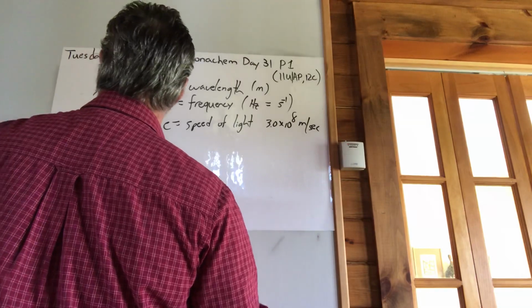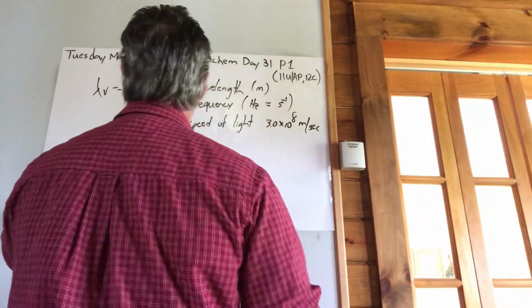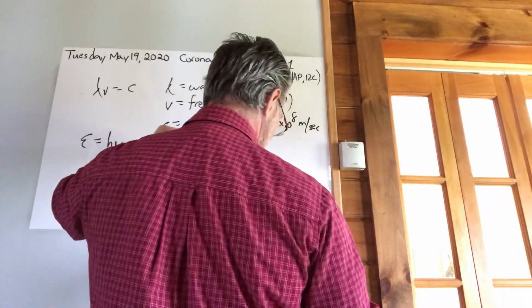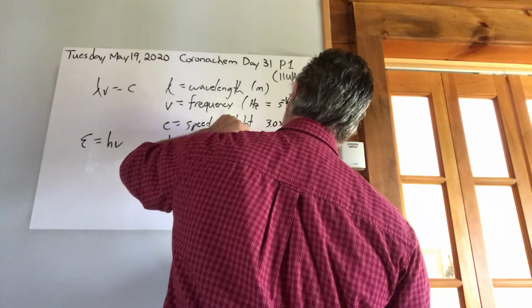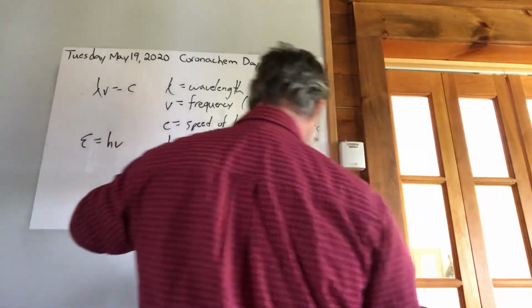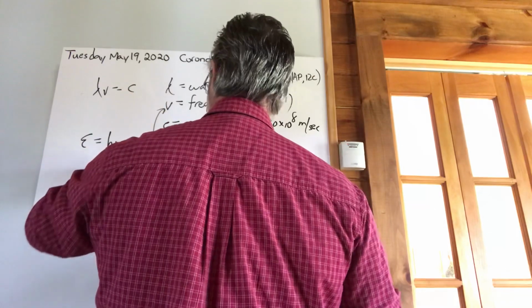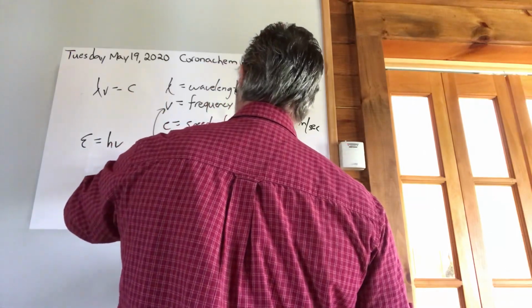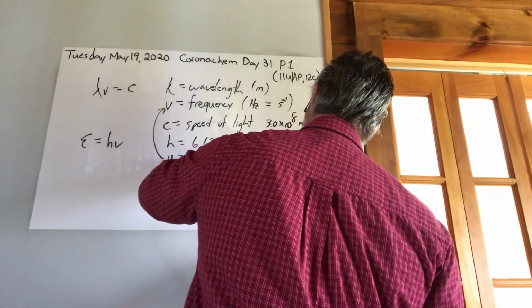Okay, you'll need that formula, and you're also going to need Planck's formula. The energy of a photon of light, of a single photon, E is equal to h nu, where h is Planck's constant, which is 6.626 times 10 to the negative 34 joule times second. Nu again is the frequency that I mentioned here, and E is the energy of one photon. Okay?